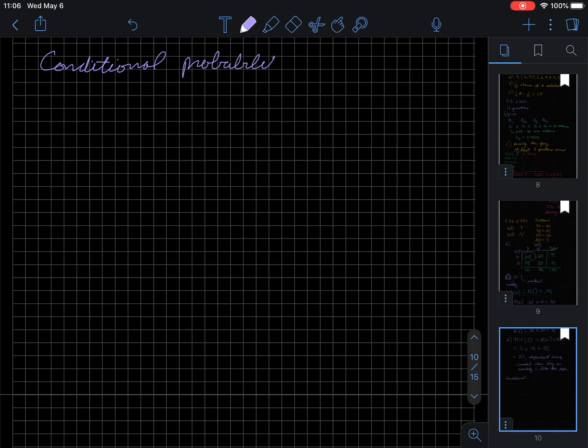And so when we think about this concept, what are we trying to figure out, right? We want to know the probability of an event when we know the outcome of another variable.